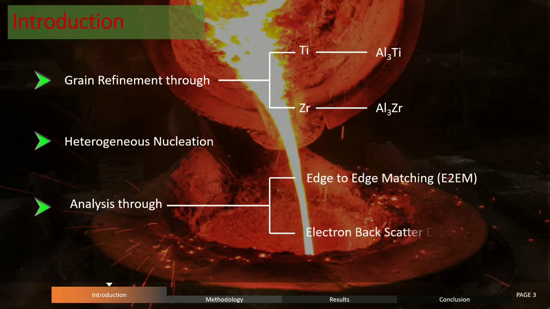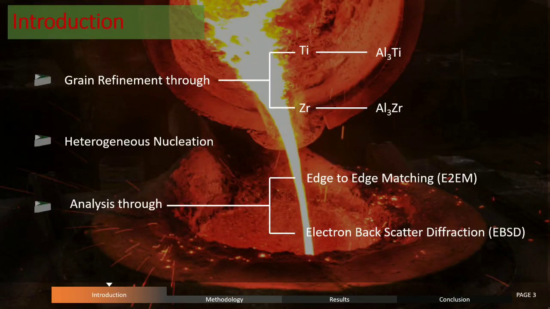So they have done the analysis through E2E matching, EBSD, and electron backscatter diffraction. EBSD is a well-defined technique to get the grain size, misorientations, and the different kinds of propagation in each grain. Since it's a broader topic, I'll not be going into EBSD.